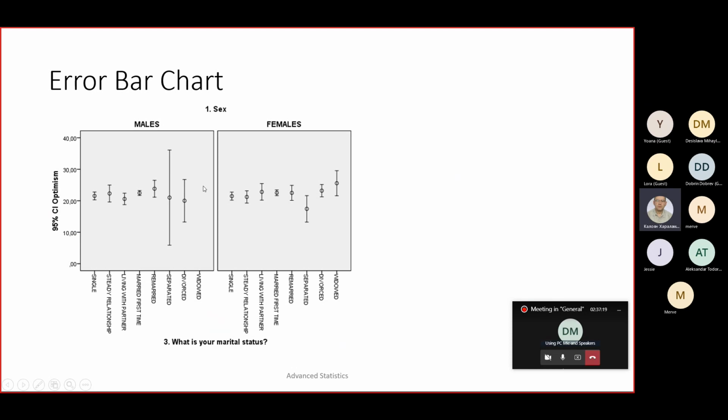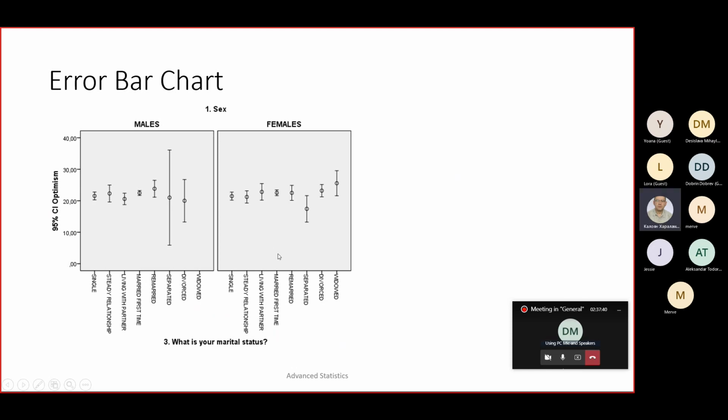So in the group of males, we can say that maybe there are no statistically significant differences pairwise between each group and all other groups.